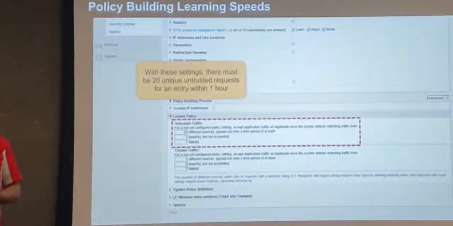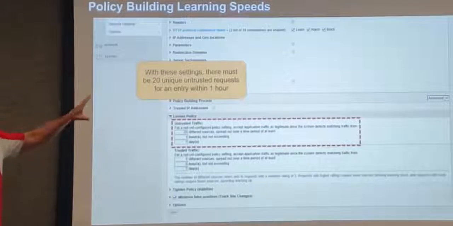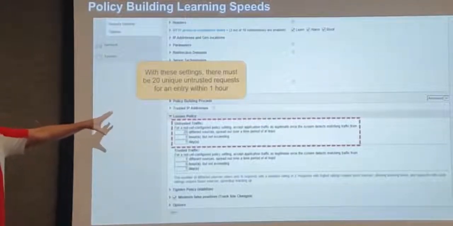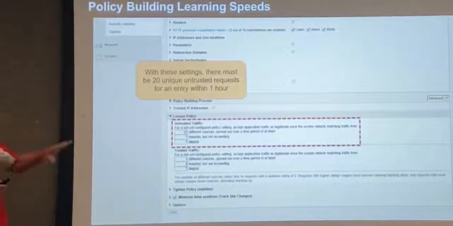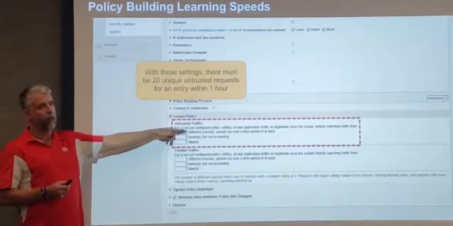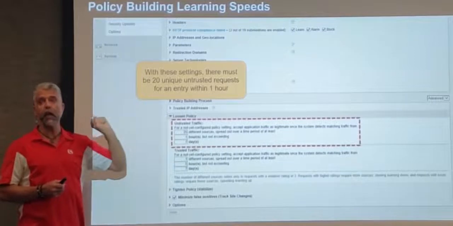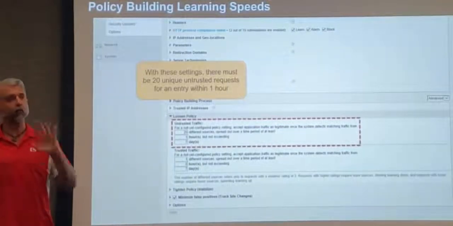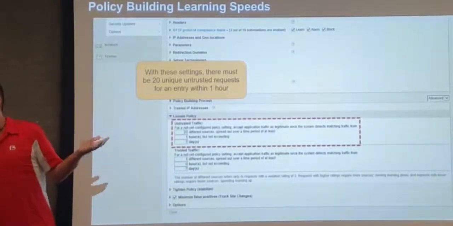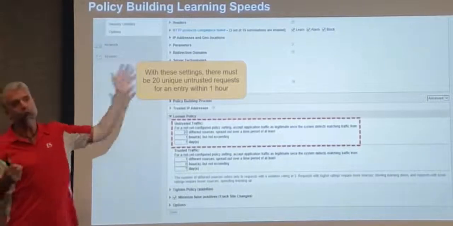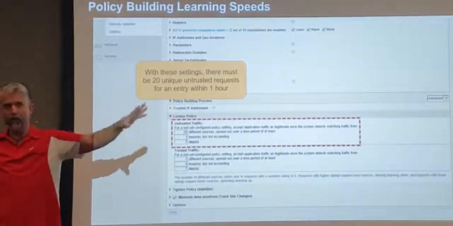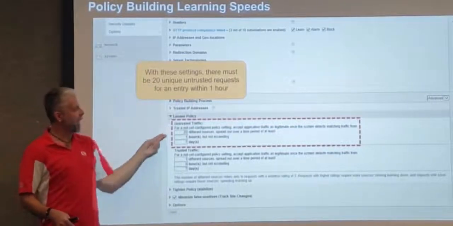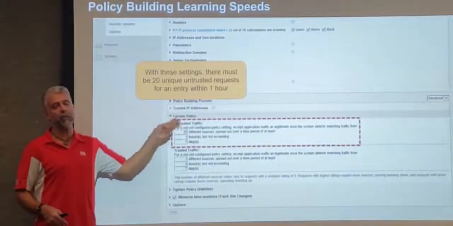With this particular default setting, I believe this was from the fundamental, this might have been rapid deployment too, I don't quite remember, with these settings here, we need to have 20 unique requests for an entry. Let's say PHP. 20 unique requests from 20 separate sources within a 1 hour period of time.